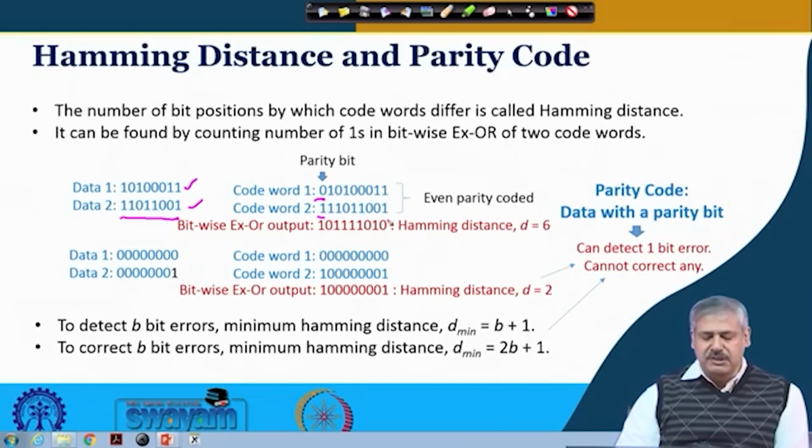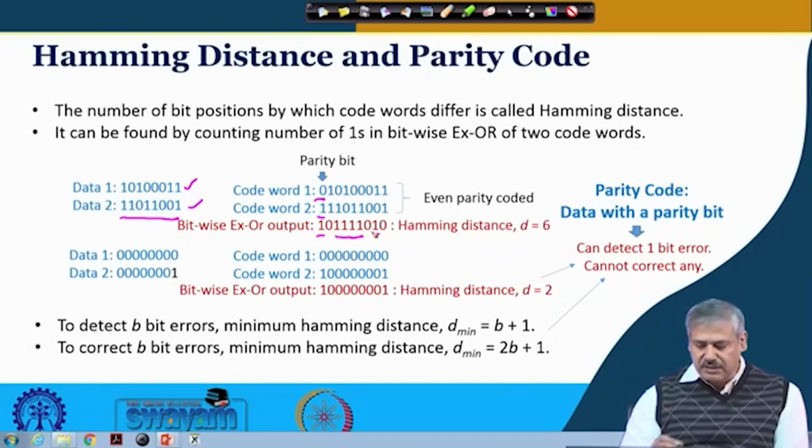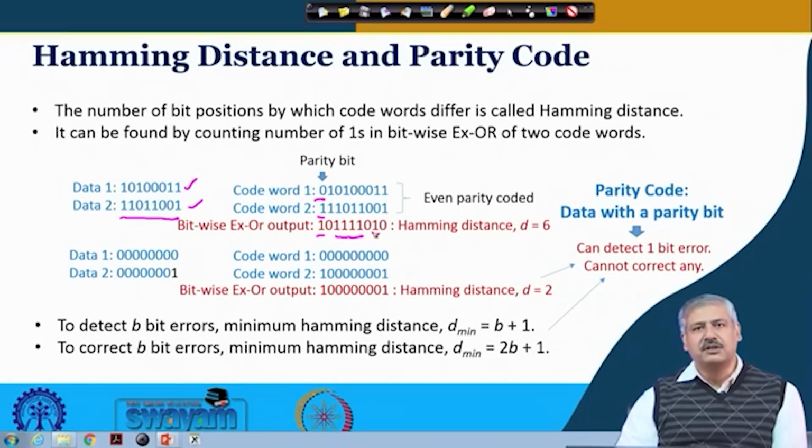Eventually we have got 6 ones over here. If we look at the bitwise XORing of these two, we see 4 ones here and another one, so 6 ones are there. So, between these two the distance is 6. That is how we calculate the Hamming distance between these two code words.